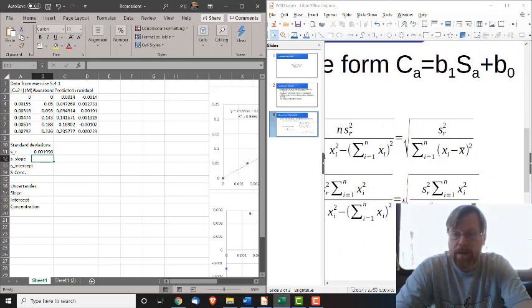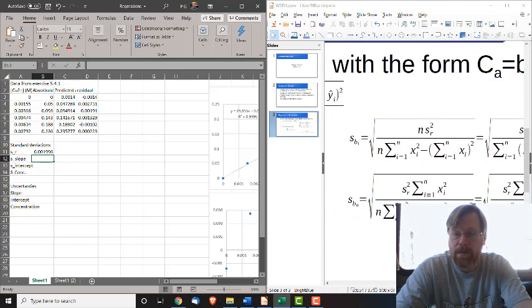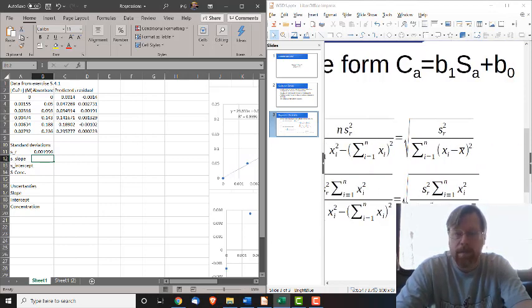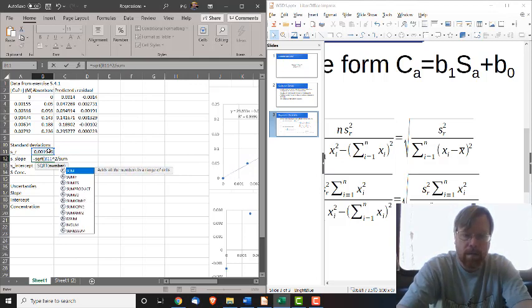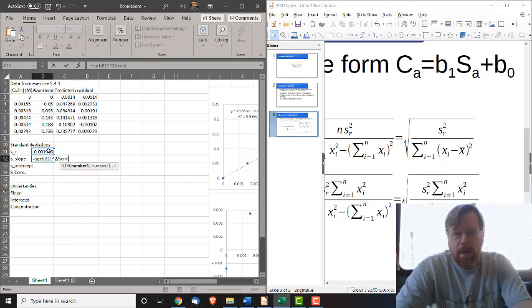So slope and intercept, they used B1 for the slope and B0 for the intercept in the book, so we're going to stick with that. The root of that squared over, okay, this is another one that I had to double check that it worked the way I hoped it did.